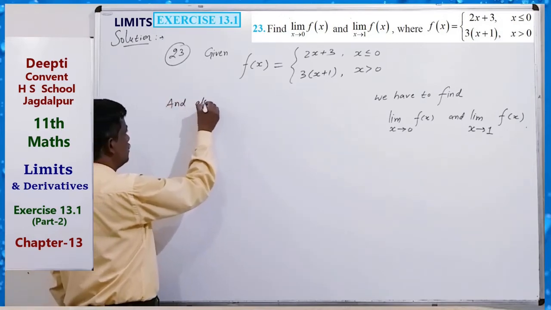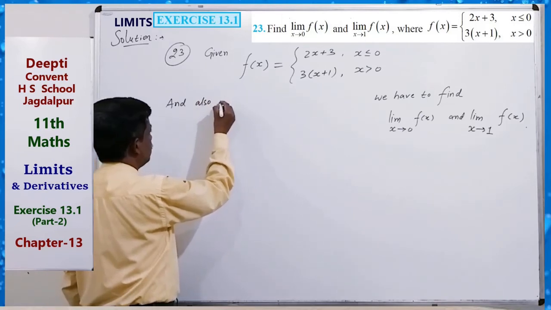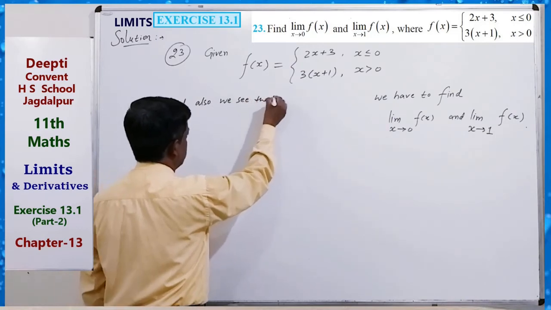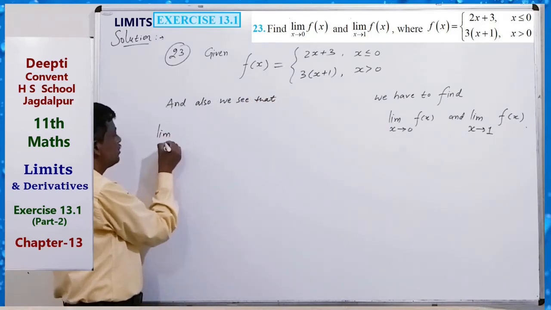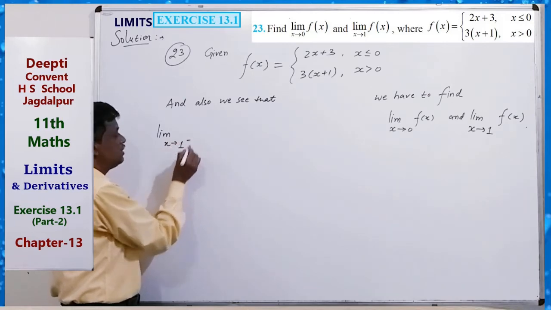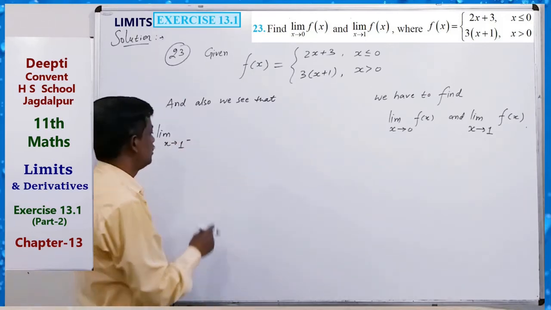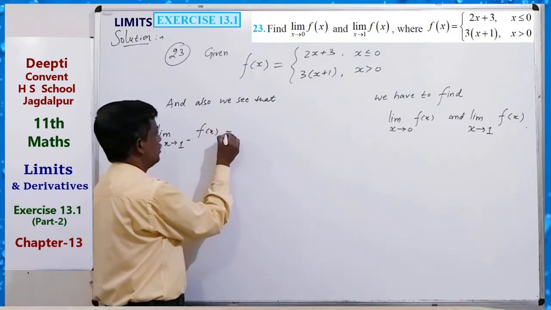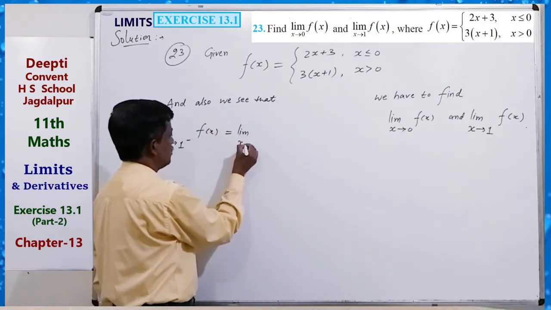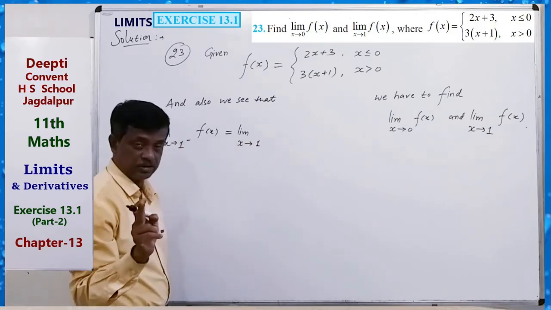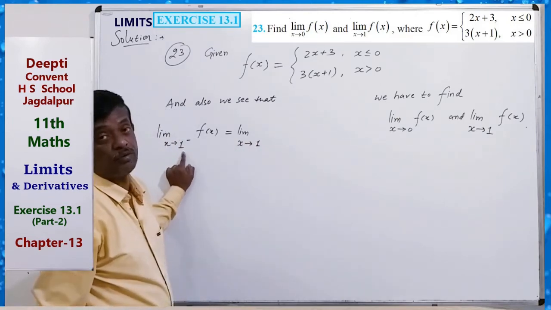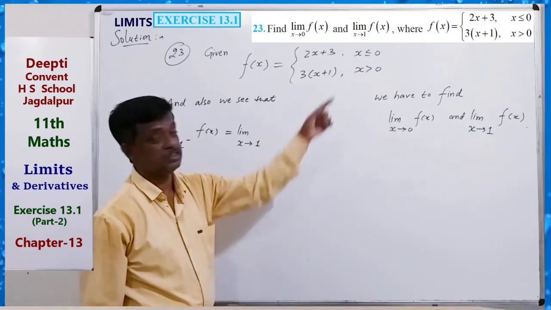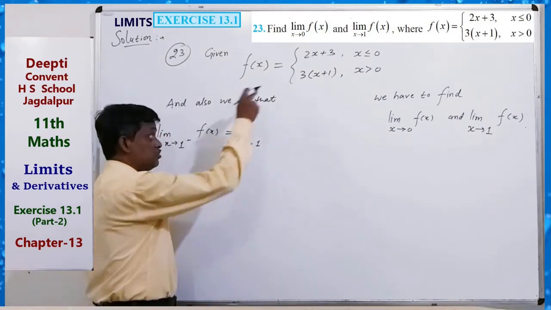We see that for limit x tending to 1 negative, the left hand limit at 1 of f(x) equals limit x tending to 1, left side of 1 is this, right side of 1 is also this, because x is greater than 0. So in both cases we will use this.